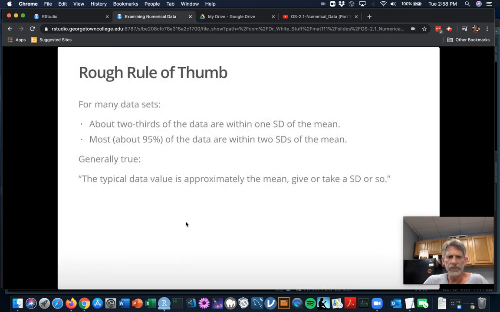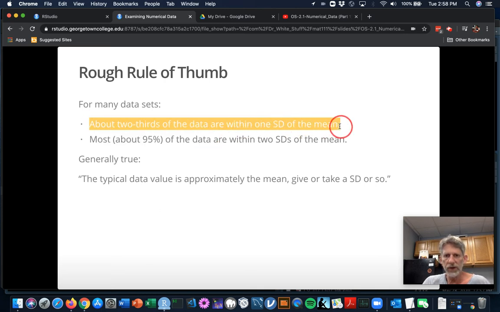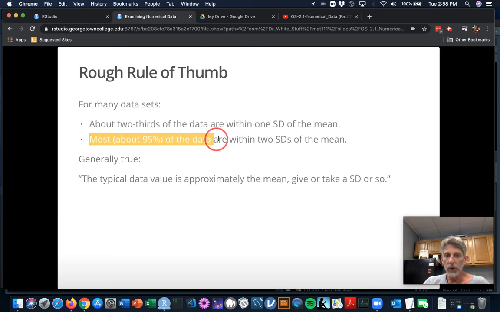In fact, there's a rough rule of thumb that you can use and that I'm going to ask you to always keep in mind. For a lot of data sets, about 2/3 of the data will lie within 1 standard deviation of the mean. And most of the data, about 95%, will lie within 2 standard deviations of the mean.